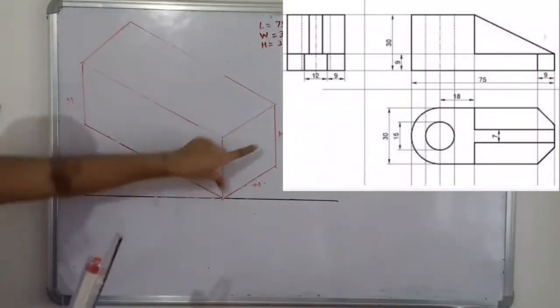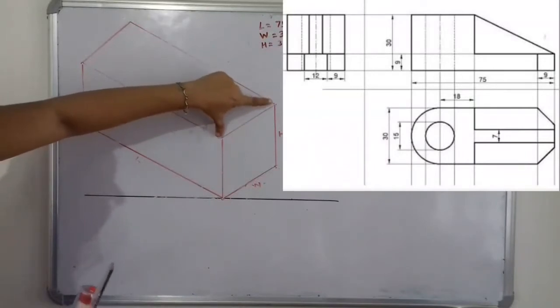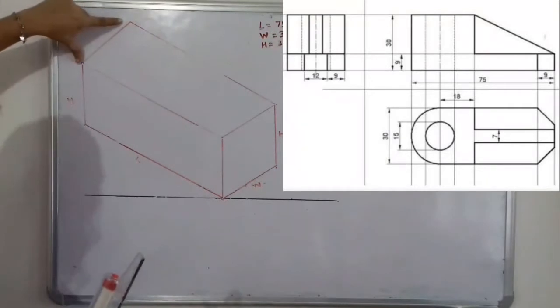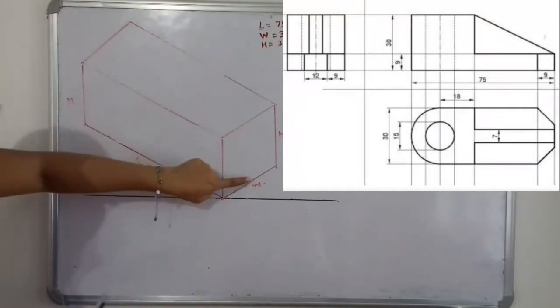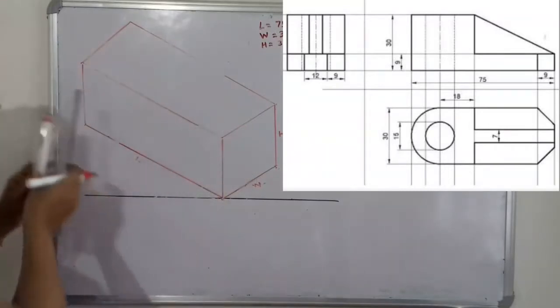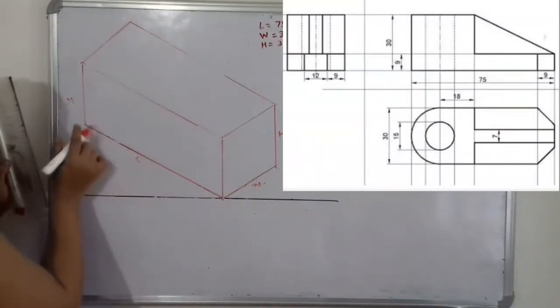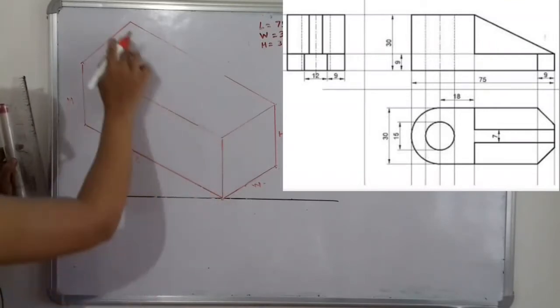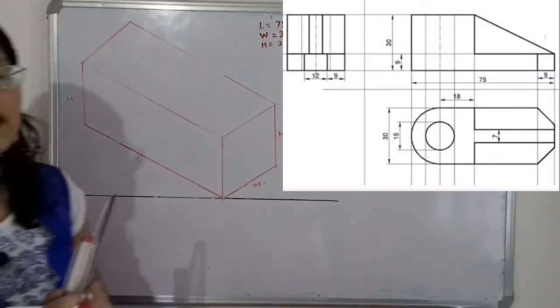In the same way we have to draw the line parallel to this, passing through this point. So these 3 lines, 1, 2, 3, are parallel to each other and of equal length. In the same way, this line and this line, these 3 lines are parallel to each other and of equal length.